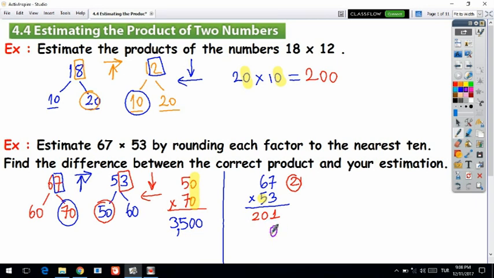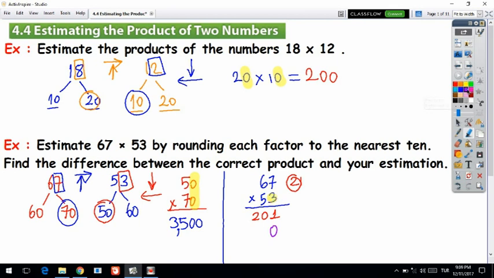Okay, now let's open the second number. Let's open the tens digit of the second number. So it was 5. Now let's close the ones digit of the second number.